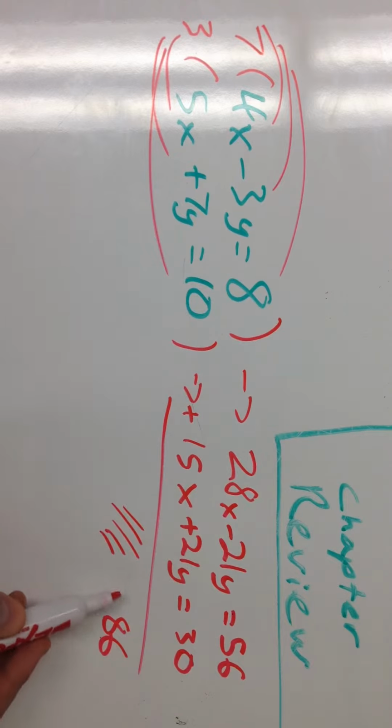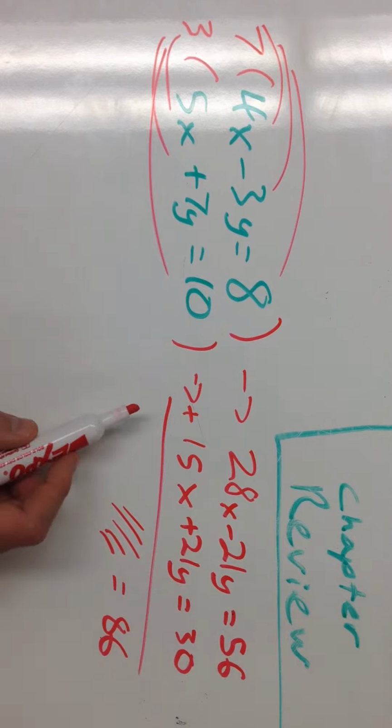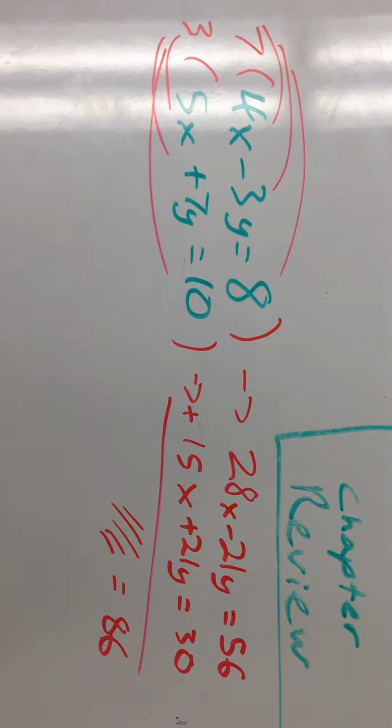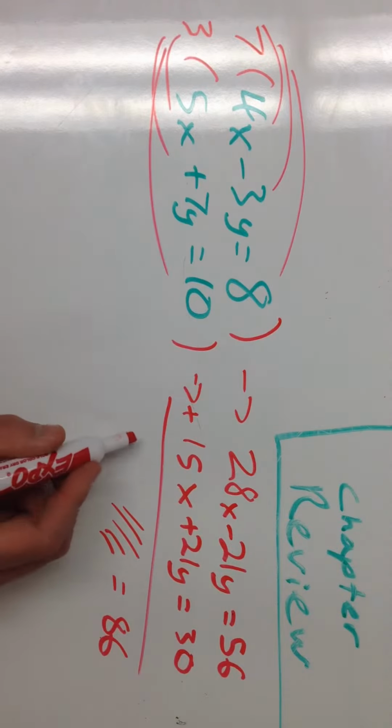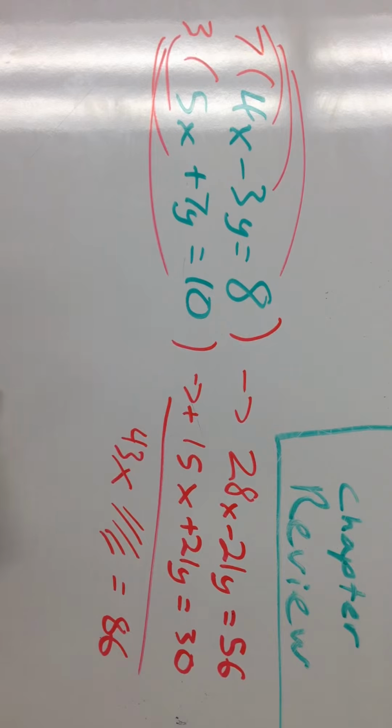My y's are going to be eliminated. That was part of the plan. And then I'm going to get 28 plus 15. I have to resort to the calculator because it's so early. That is 43x. So what I need to do here is divide both sides by 43, and I'm going to get my first solution that x equals 2.